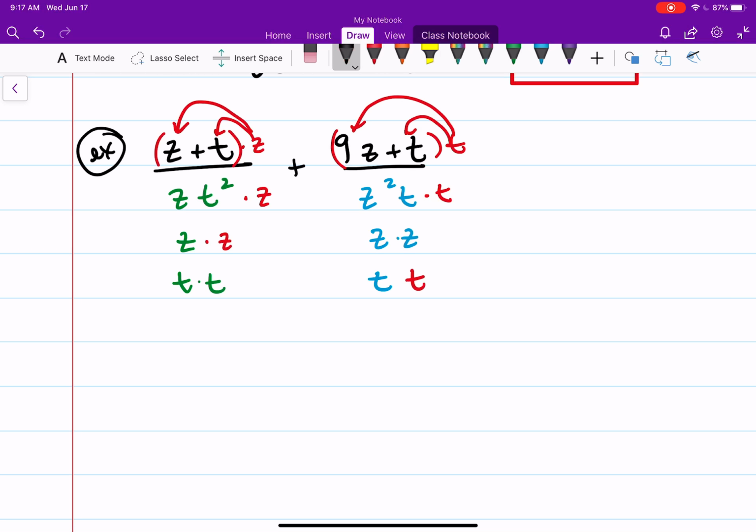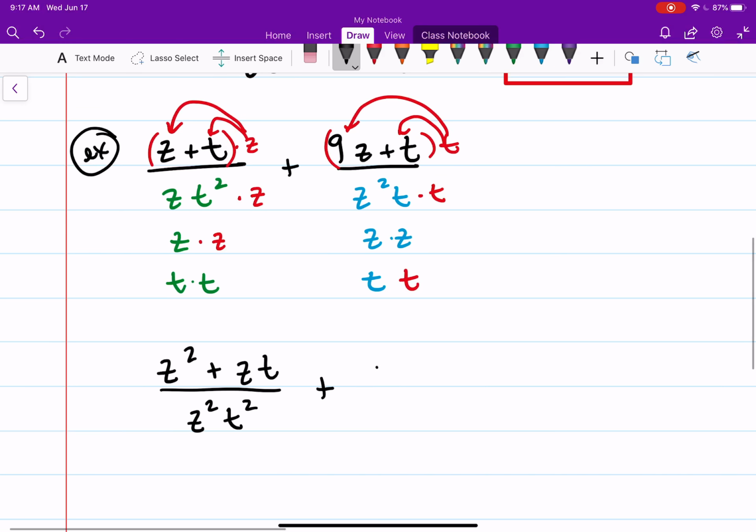So my top is actually going to be z squared plus zt, and the bottom is going to be z squared t squared, plus, over here, the top is going to be 9zt plus t squared over z squared t squared.